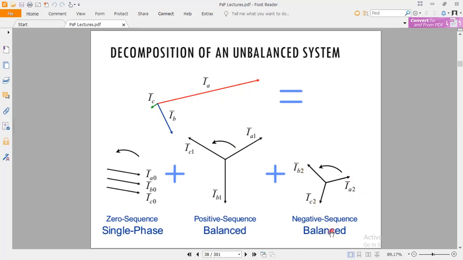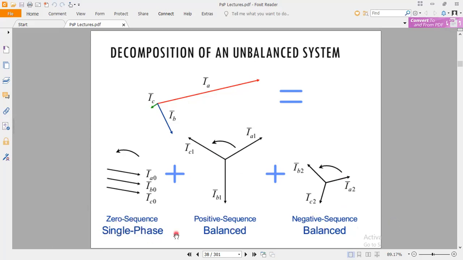This is the negative phase sequence, the opposite of the sequencing symmetry. Most of the time we prefer a positive phase sequence, but negative phase sequence is not very popular in power systems, though it is a category of sequence.